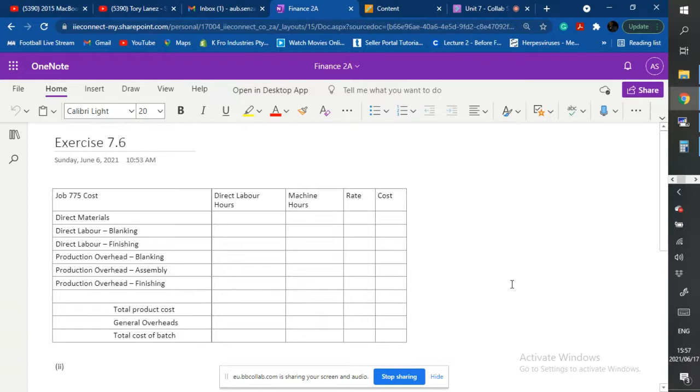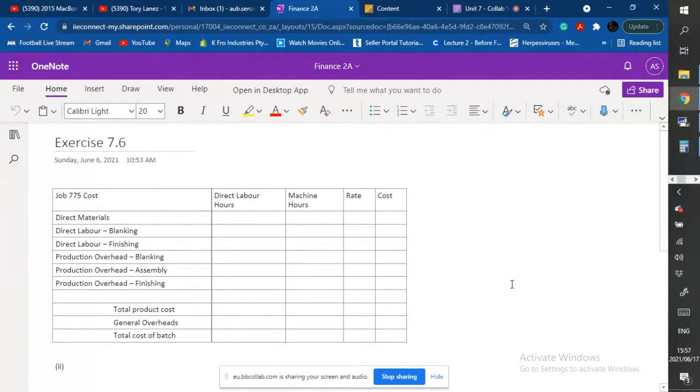Then they say number of units produced, 150. Selling price per unit, 50 Rand. Then it goes on to say the following production costs and data were recorded for job 775. Direct materials, 630.